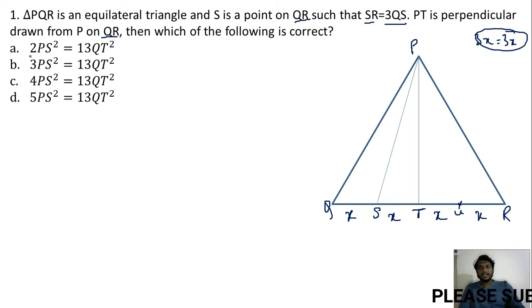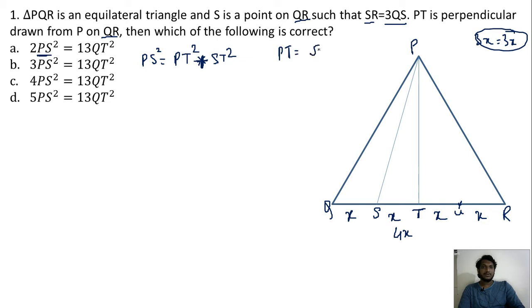Now we have to find the value of PS square. Here PS square is equal to PT square plus ST square. Here the length of the side of the triangle is 4x. You know, PT is the height of the triangle. So PT will be equal to root 3 by 2 into side of the triangle, that is 4x.